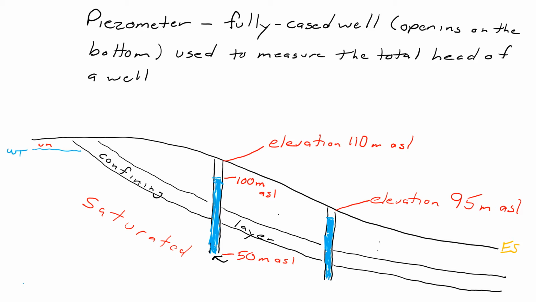They don't reach all the way to the Earth's surface, but pretty close. Okay? So let me give you some data for the second one. The very top of the water column rises to 92 meters above sea level. Again, this is a fully cased piezometer, so water only comes in at the opening at the bottom. The base of this well goes down to 13 meters above sea level.